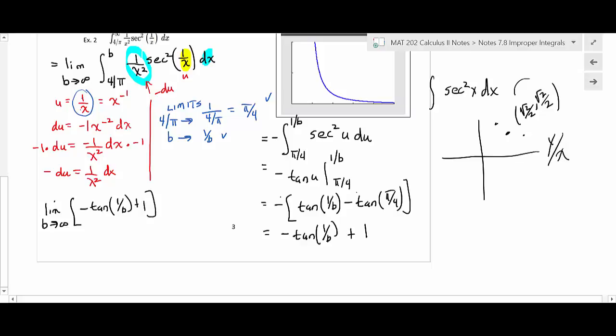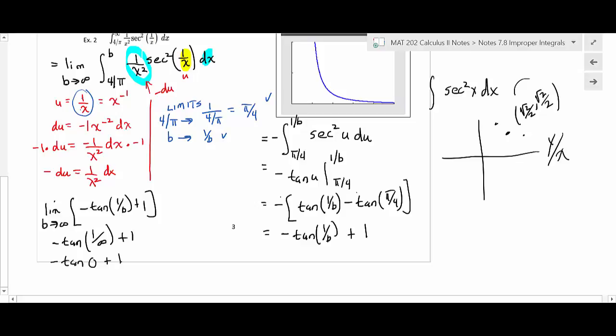You can do that in your head, but you have to think about this one a little bit. Let's think about what happens if you replaced everything with infinity. You would have negative tangent of 1 over infinity, and then that plus 1 comes down. Well, what's 1 over infinity? Where's that going? 0. So what you really have is negative tangent of 0 plus 1.